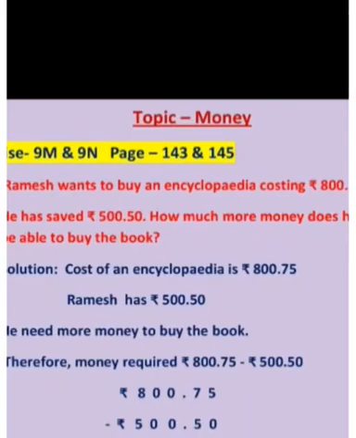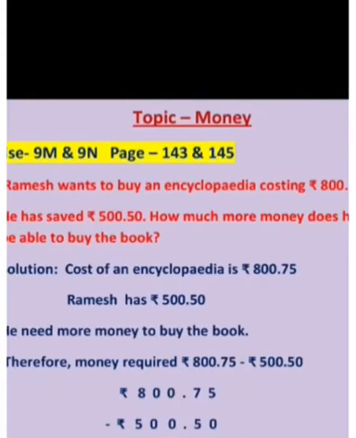How much more money does he need to be able to buy the book? According to the question, the cost of the book and how much Ramesh had are both given.